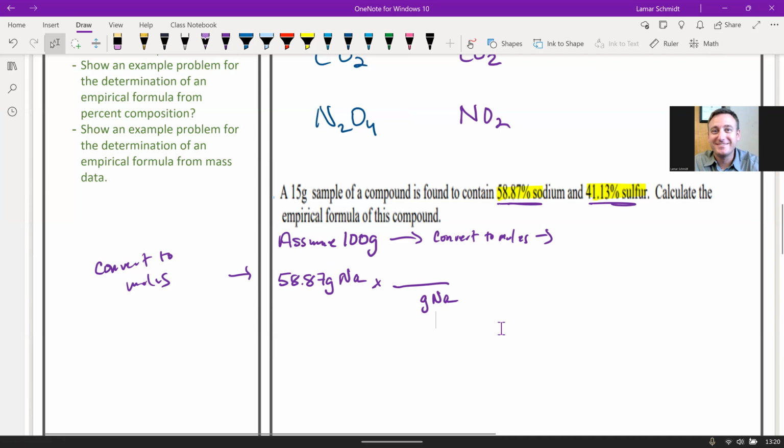The unit that I should be left with at the end is moles of sodium. So where am I going to find the molar mass of sodium? On the periodic table of elements. So what does your periodic table of elements say?